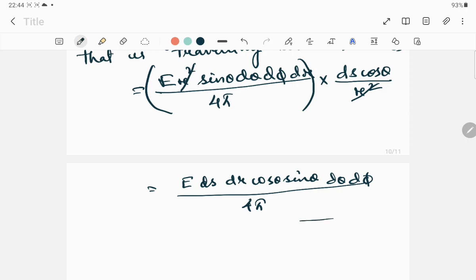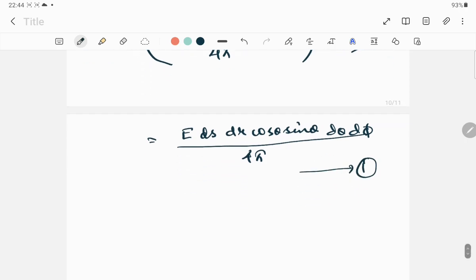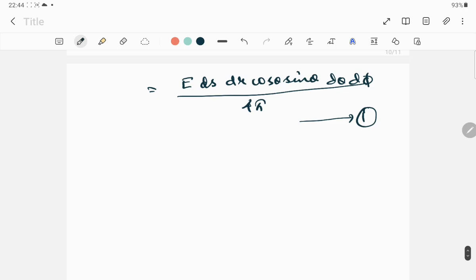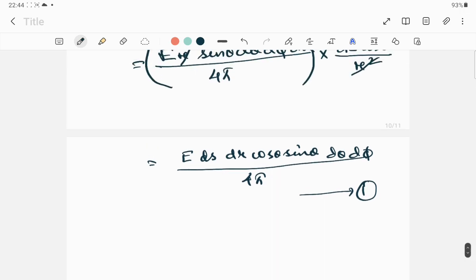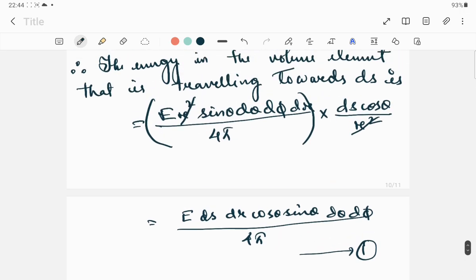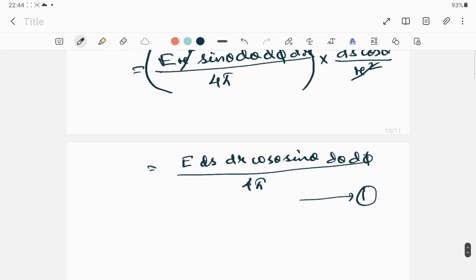Let it be our equation number 1. So this is the energy received by ds.